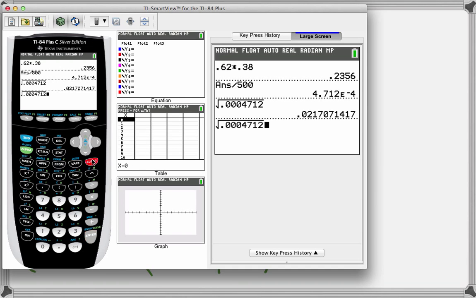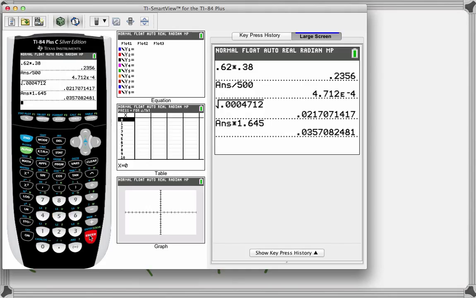Second answer, so it'd be second negative. There's my answer. I'm going to go ahead and times that by my critical value, 1.645. Hit enter.